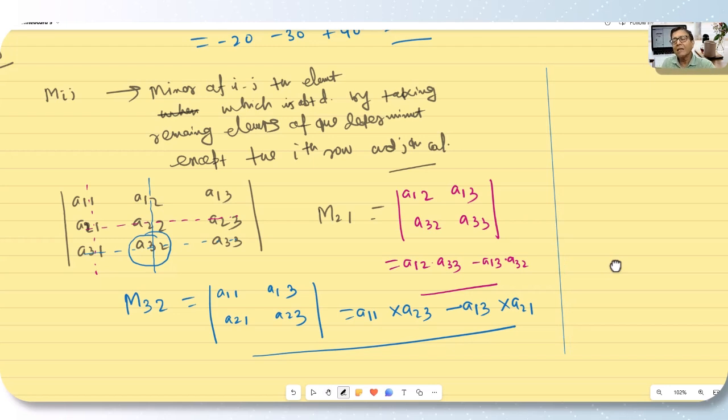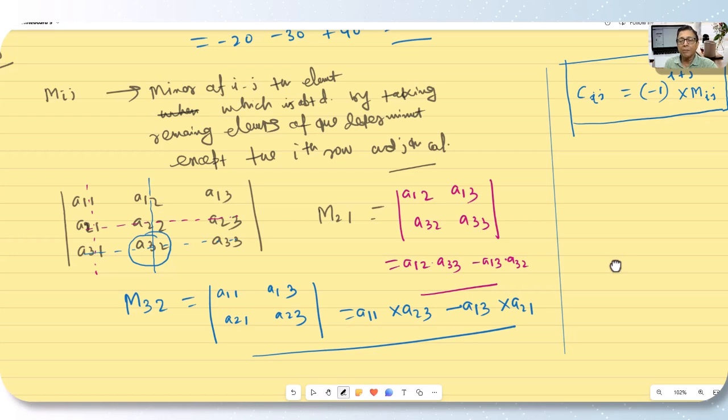By definition, Cij, the cofactor of the ijth element, will be minus 1 to the power i plus j into Mij. Cij is going to be minus 1 to the power i plus j Mij, the cofactor of the ijth element.